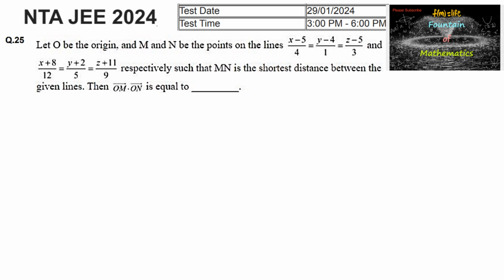Now since MN is the shortest distance between the given lines, let us consider the first line L1 with direction ratios vector b1 and L2 with direction ratios vector b2, and M and N are the points.